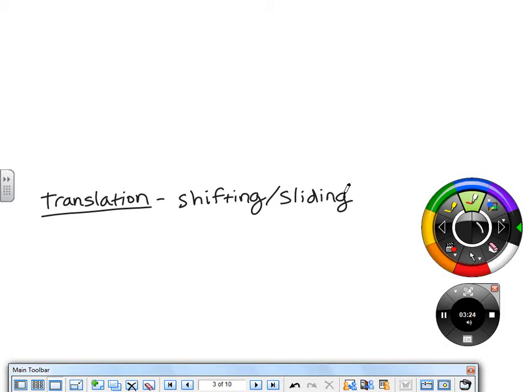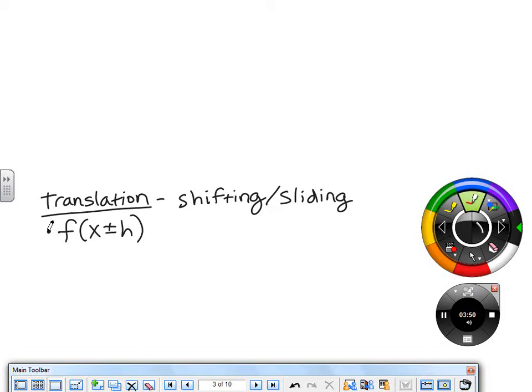So when the h, or the number that's happening inside the function, remember that had to happen inside the absolute value bars for it to be considered h, or a shift left or right. So the way that we write that is we write the h value happening with the x within the function. So all this means is that the h is going to be with the x inside of the function.